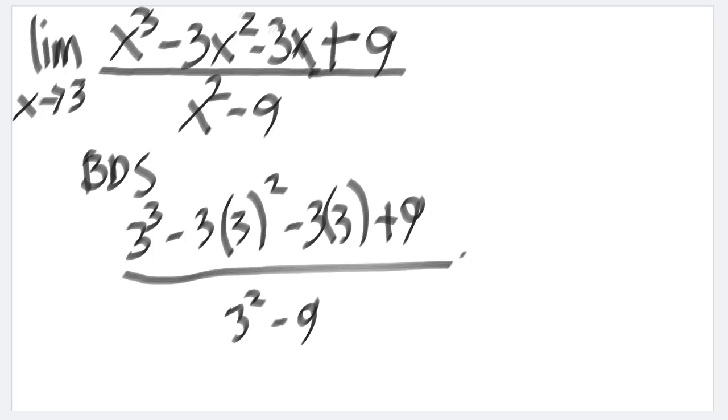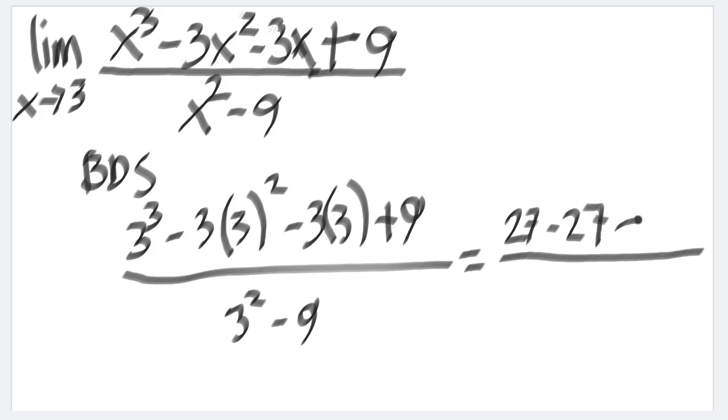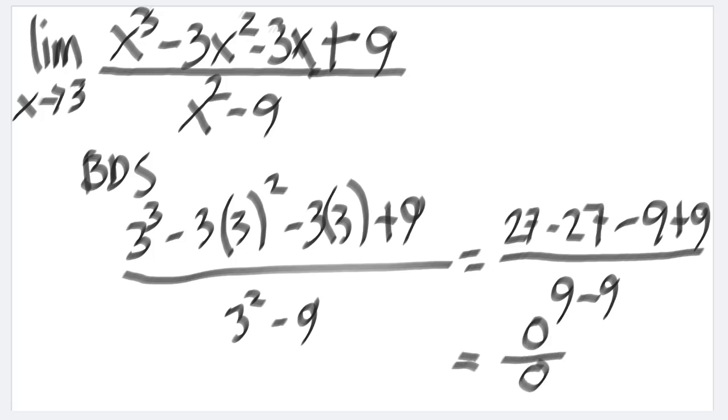This is equal to 3 cubed is 27, minus 3 multiplied by 3 squared, that is also 27, minus 9, plus 9, all over 9 minus 9. Eventually this is 0 over 0, and this is an indeterminate form of a limit. Now the first method that we will discuss is the factor and cancel method.